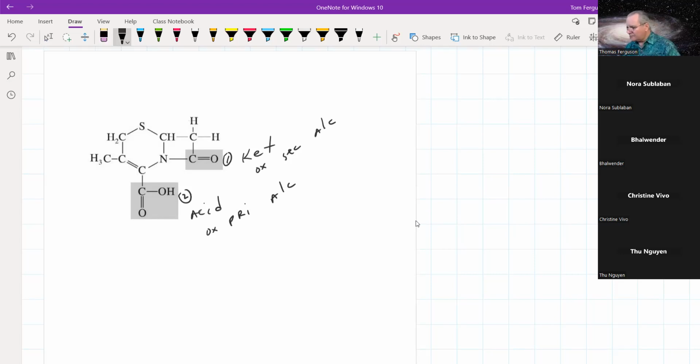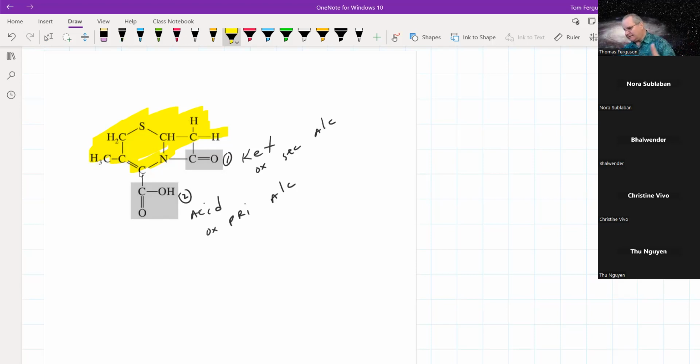So what we're going to do now is we're still going to have the basic structure that's just going to tag along. So we have to redraw it each time, but it's not going to participate in any of these reactions.